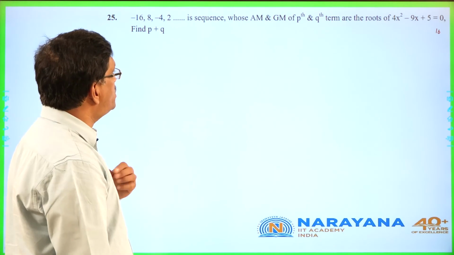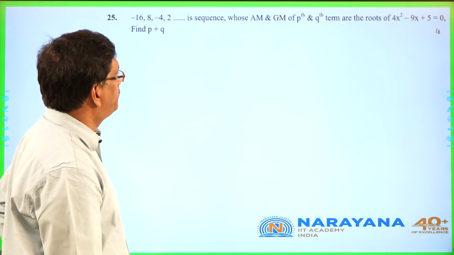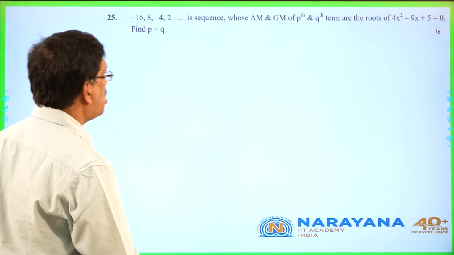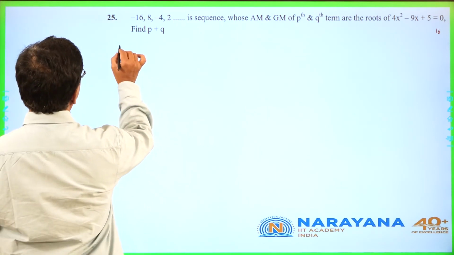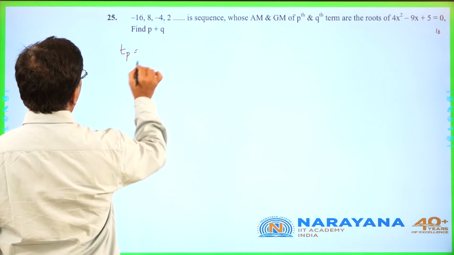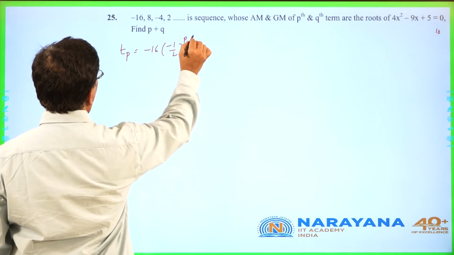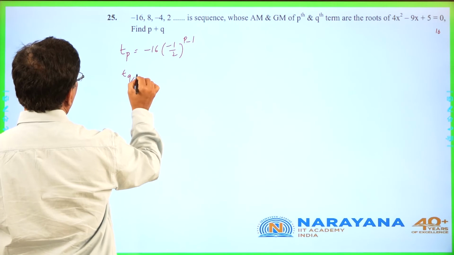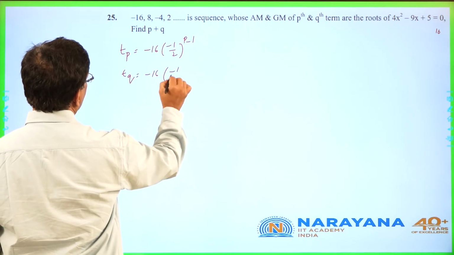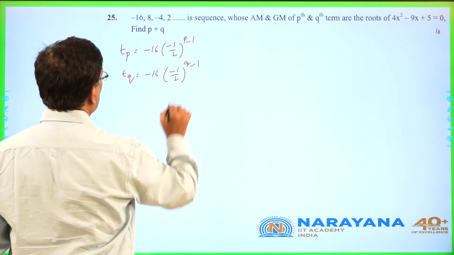This is a sequence whose AM and GM are given. TP is A into R to the power of P minus 1, TQ is A into R to the power of Q minus 1.